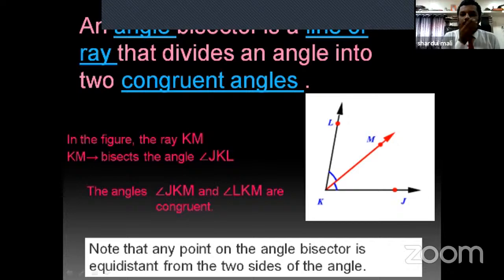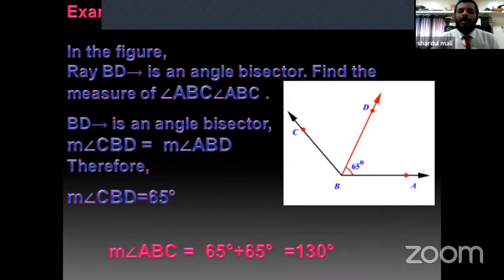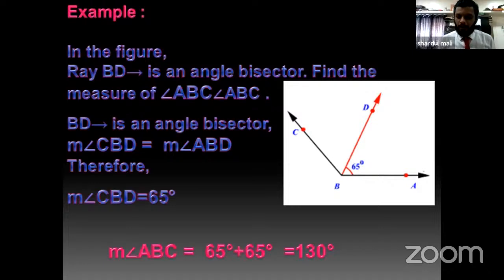Next, look at the figure. Here we can easily understand the main property of the angle bisector. An angle bisector bisects the angle into two equal parts or equal angles.